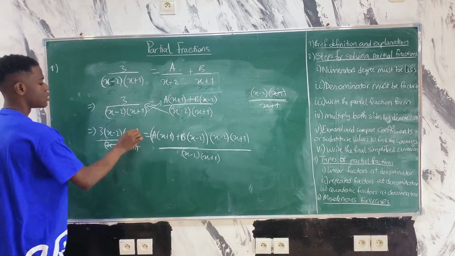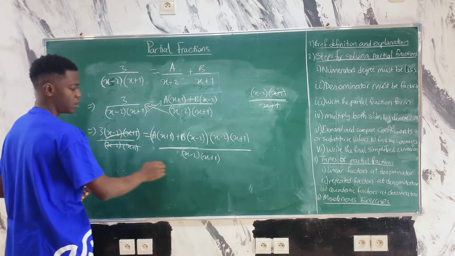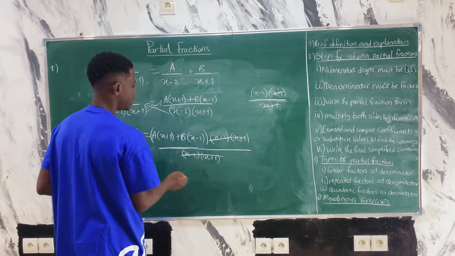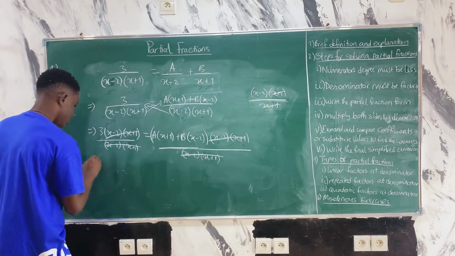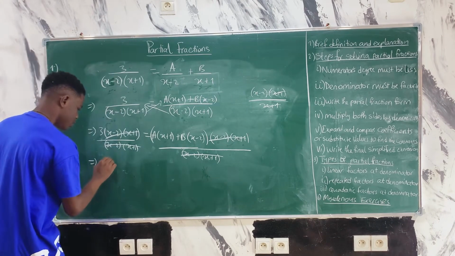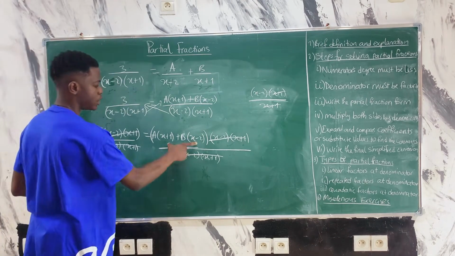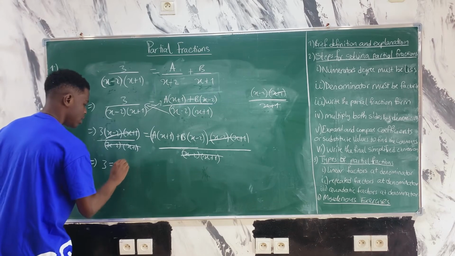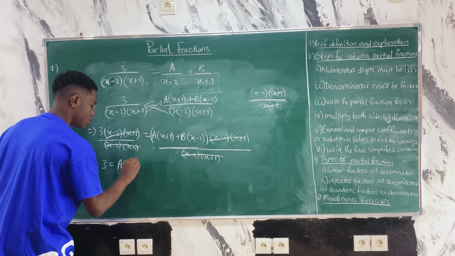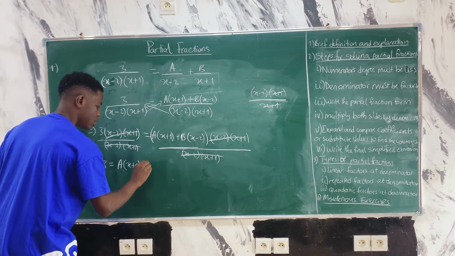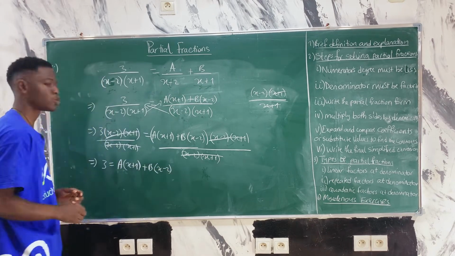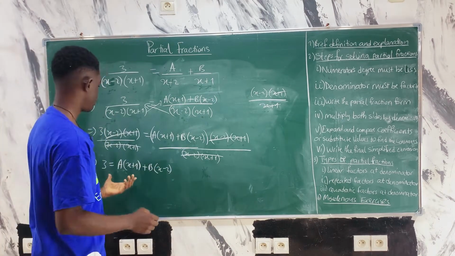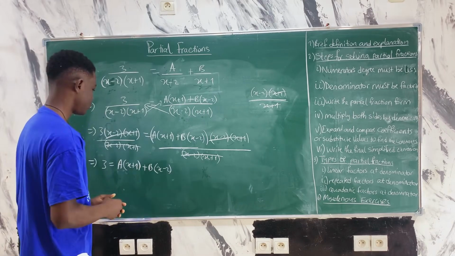I can see that this will cancel this, I'll be left here with 3. This will cancel this, I'll be left here with just this expression. So this implies 3 will be equal to a into x plus 1 plus b into x minus 2. So this is what we are going to have.